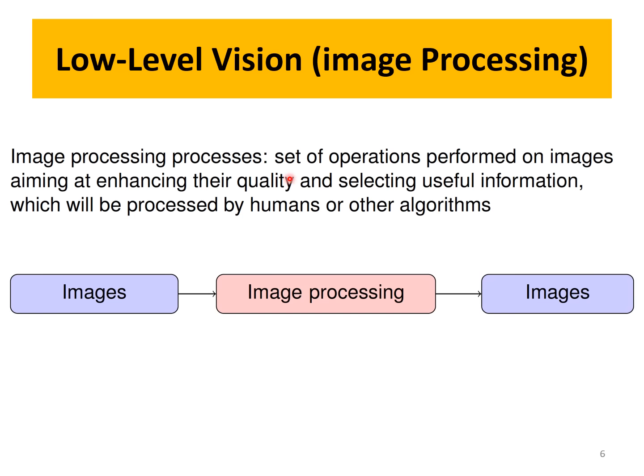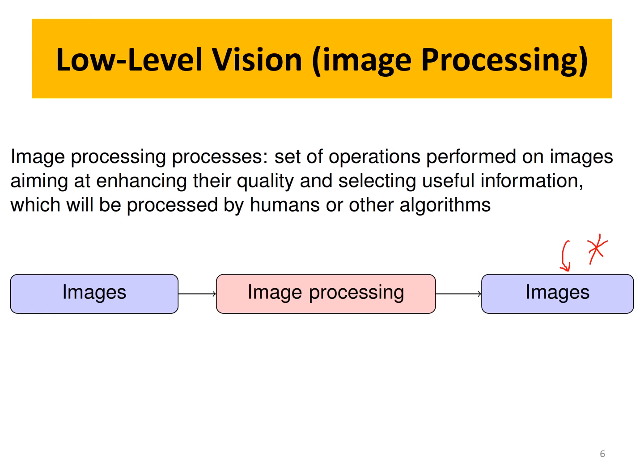So that's the low level vision: you have an image, you do processing, and you look at another image. But at this point, you still need a human or an algorithm to analyze things. So it's not fully automated. It's doing processing, but you still need to look at it to make a decision.